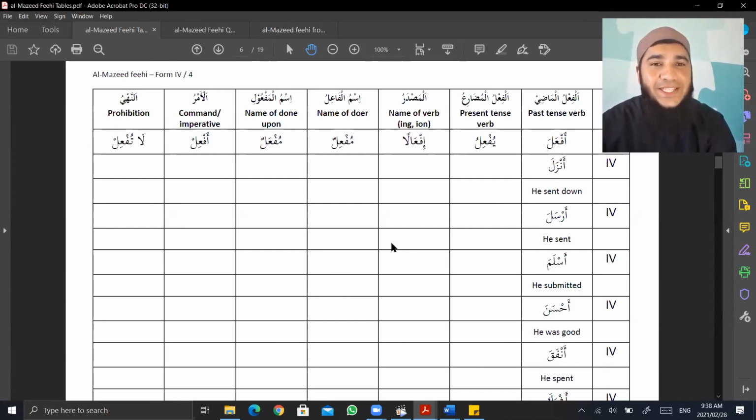And it's one that's easy to confuse because if you look at the second column, the al-fi'l al-mudari' column, it looks very much like the first bab. The only difference is the harakat.